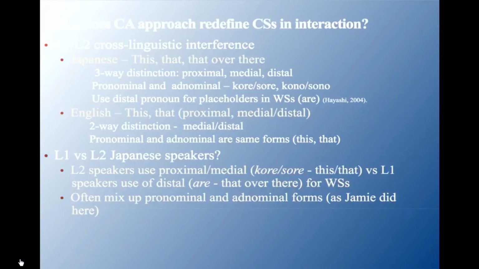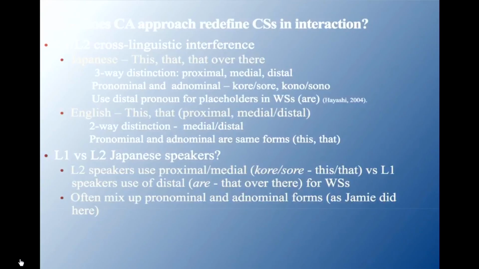Also in Japanese, you have a pronominal, which is like an independent pronoun, and an adnominal, which is considered an article or determiner followed by a noun, demonstratives that have different forms. So you have kore and sore and kono and sono. While in English, they're the exact same form. It's either this or that.